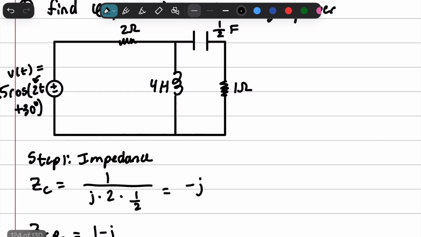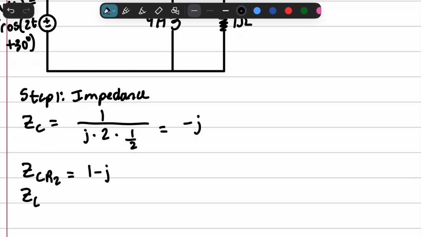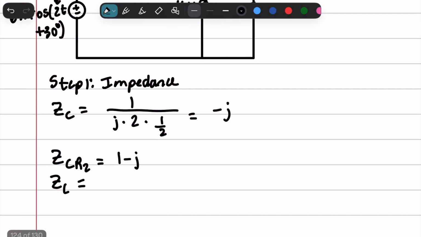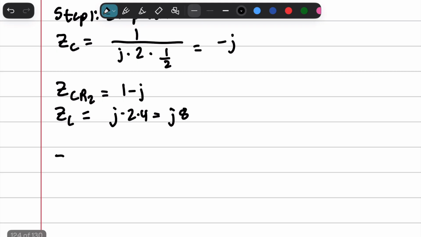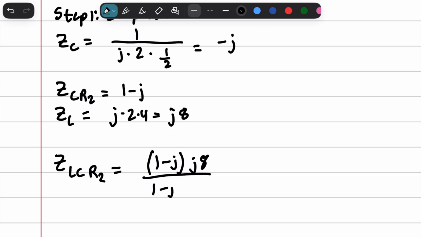And we have our Z inductor like that. J times 2 times 4 is just J8. These guys are in parallel with each other, so it's going to be Z L or C R2, and that's going to be 1 minus J, J8 over 1 minus J plus J8.